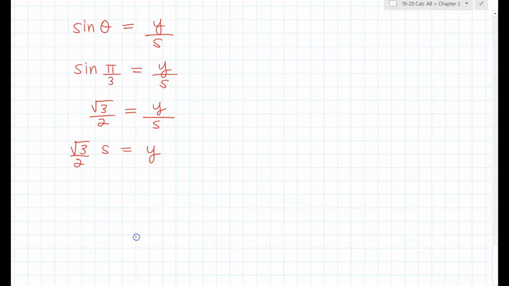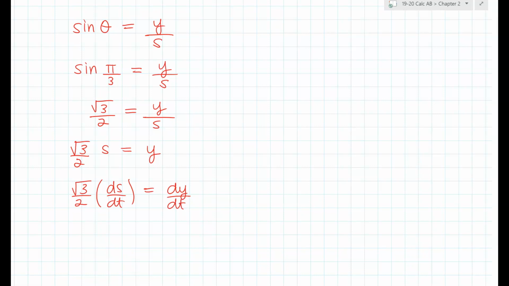I thought we were solving for s, but it's supposed to be for y. So it's actually good the way it is right now. So let's take our derivative of both sides. The derivative of the left side would be radical 3 over 2 ds/dt equals dy/dt.